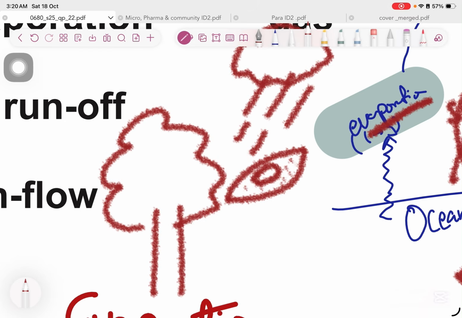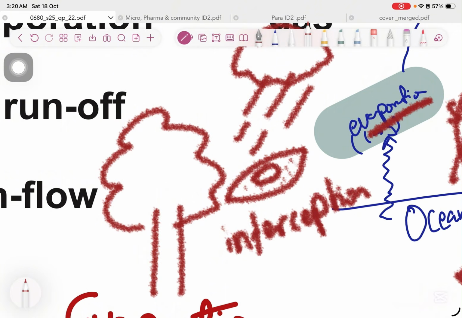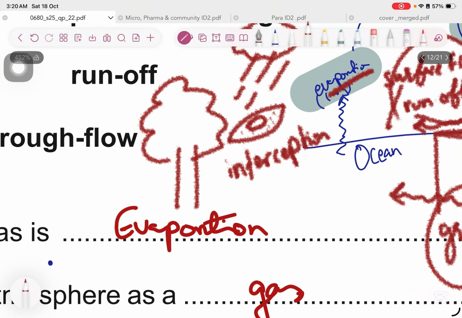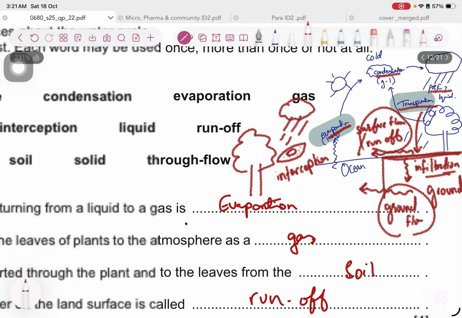This process where the water hits the leaf and just stays on it is called interception. Interception comes from the word intercept, which means getting blocked. So there is an obstacle in the way. Like when you're going to the mall and you get intercepted by a policeman or by a kid. Someone intercepts you, like they stand in your way.